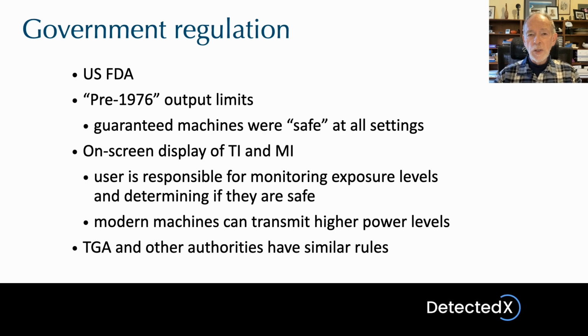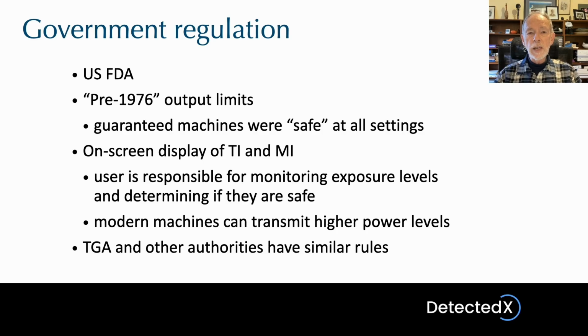Because there was not sufficient scientific basis for determining safe exposure levels, they took a totally pragmatic approach. They said since there had been no recorded cases where patients had been harmed by exposure to ultrasound, that they would deem the output levels for all the equipment used until that time to be safe.